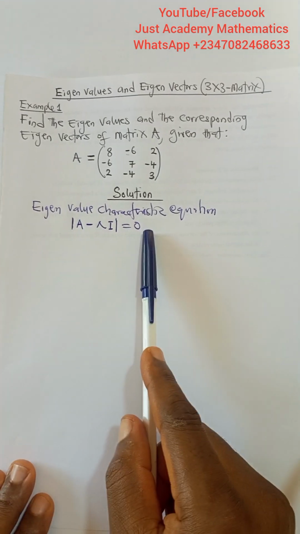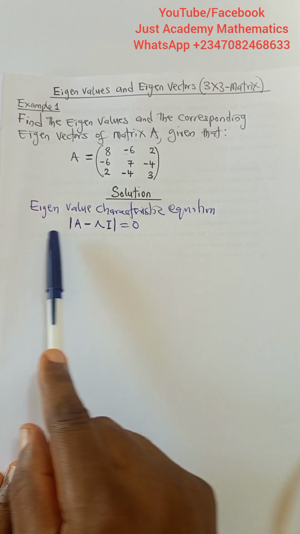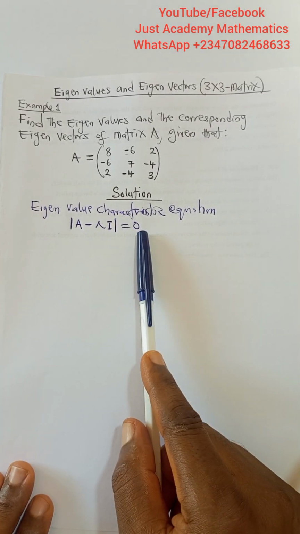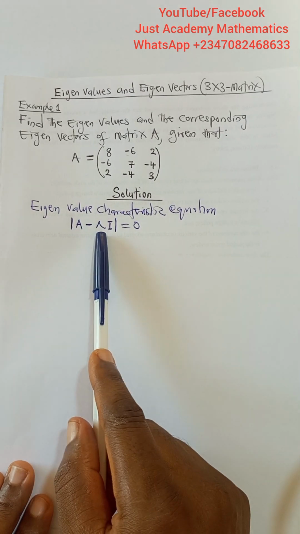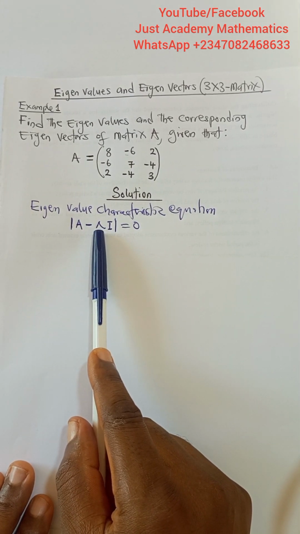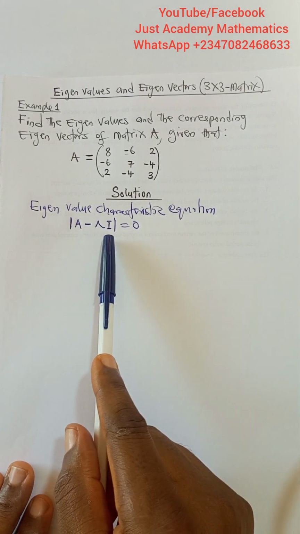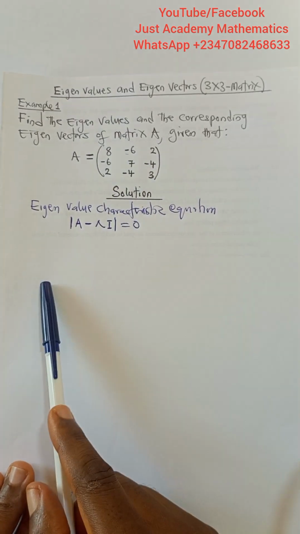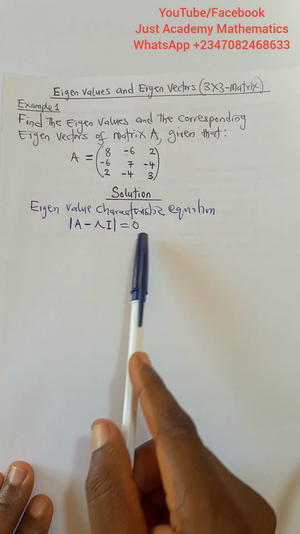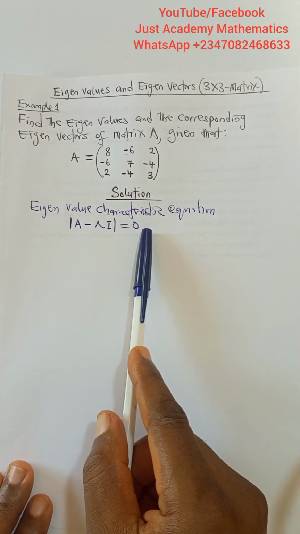This is the eigenvalue characteristic equation. A is the constant matrix, lambda represents the eigenvalues, while I represents the 3 by 3 identity matrix. The determinant of it will give you 0.